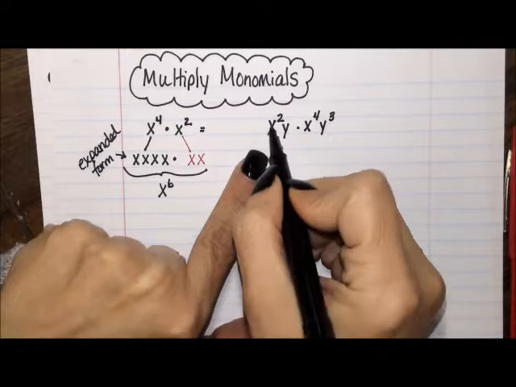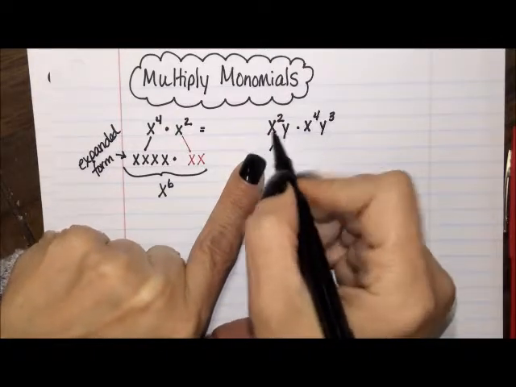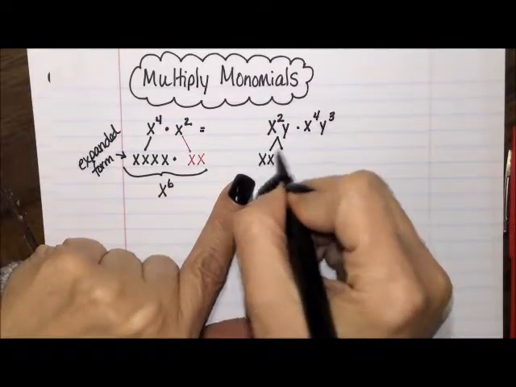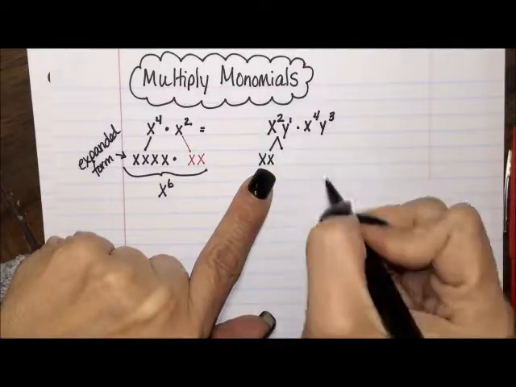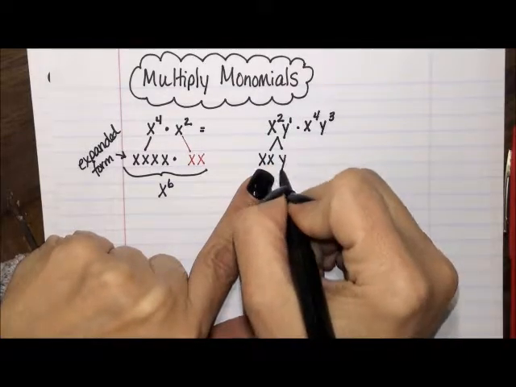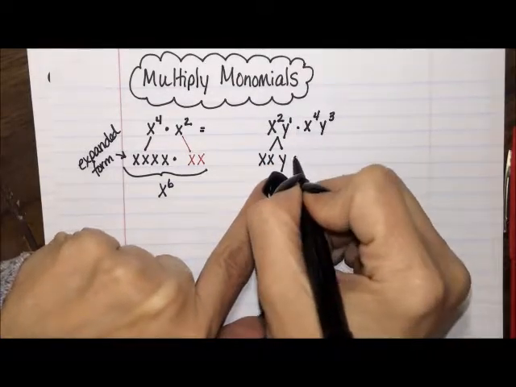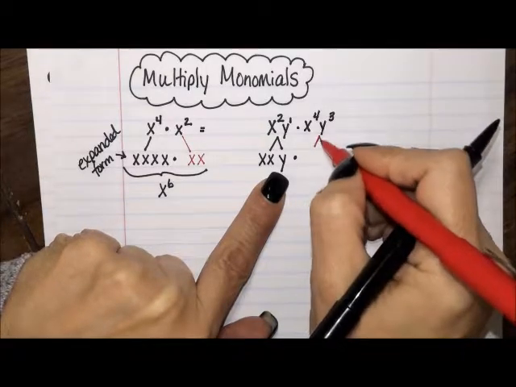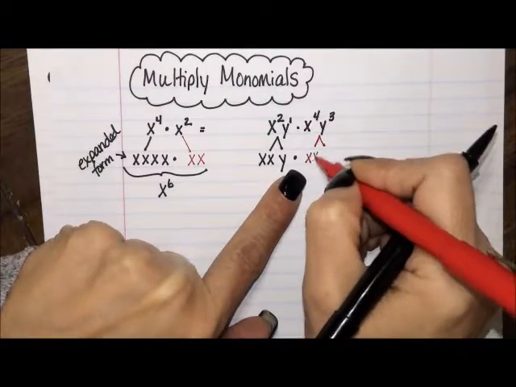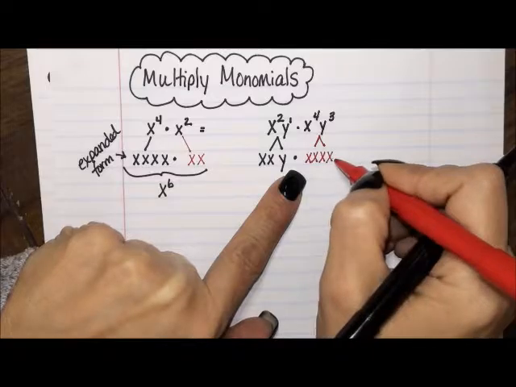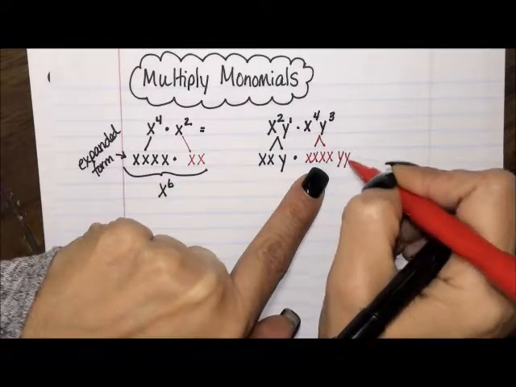So this would be how many x's? 2. And I still have, remember, if it's not there, we know it's just a 1, so I still have that 1 y. I'm going to put a times. And then this is going to be 4 x's, 1, 2, 3, 4, and 3 y's.